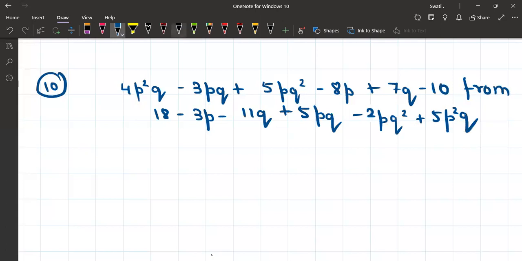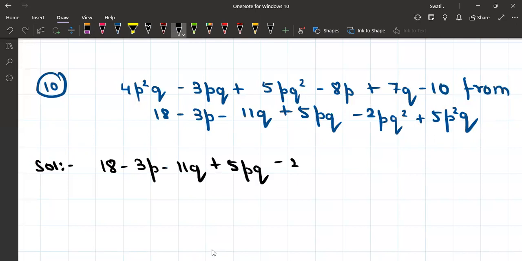Okay, so let us simplify this. Of course, whatever expression comes after 'from', we will write first. So 18 minus 3p minus 11q plus 5pq minus 2pq square plus 5p square q minus. Here I'm skipping one step, because I know you have understood by now, since I've done a lot of questions.